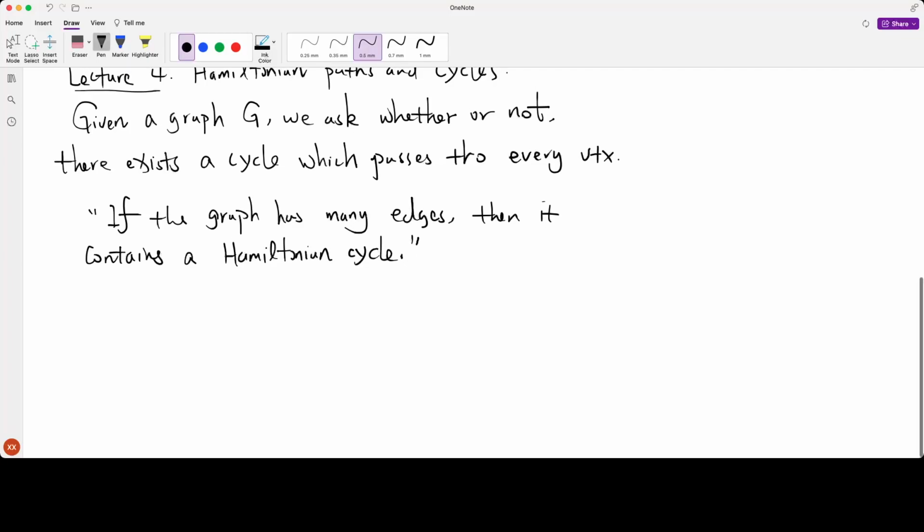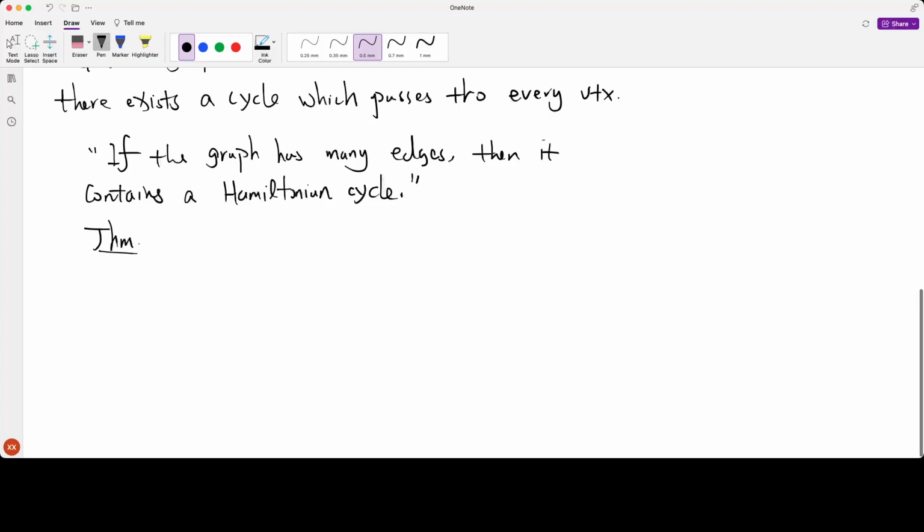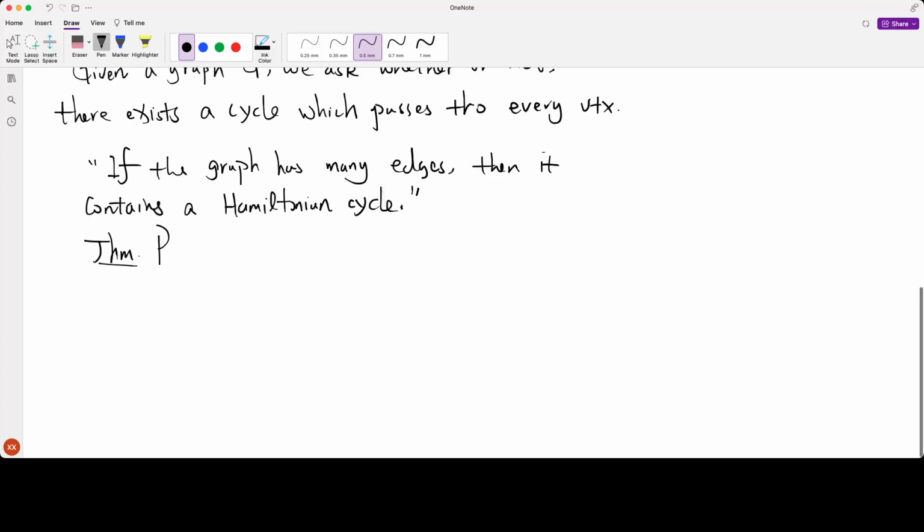So today we are trying to prove the following theorem. And actually we are going to prove something a little bit stronger than this. So this belongs to Dirac, so we call it Dirac's theorem. And it says if the degree of every vertex is at least half of the number of total vertices of the graph.